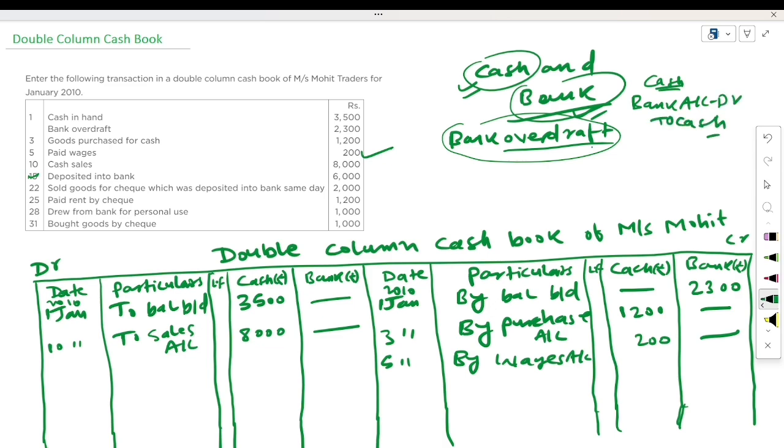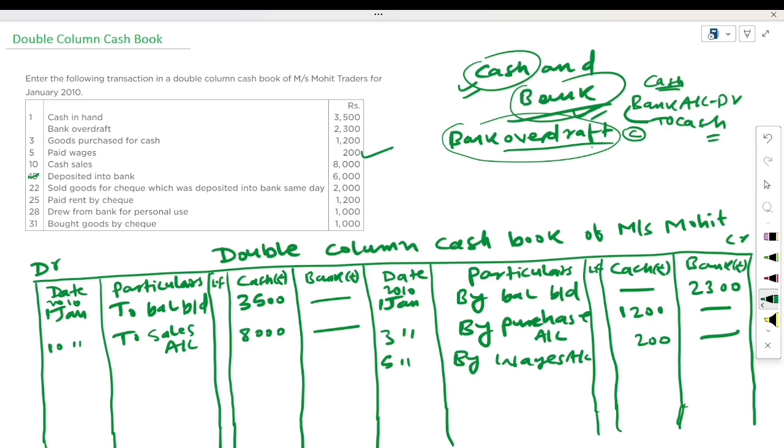This entry we will pass. This entry is known as contra entry in the cash book, because we have to show both sides, the payment side as well as the receipt side.